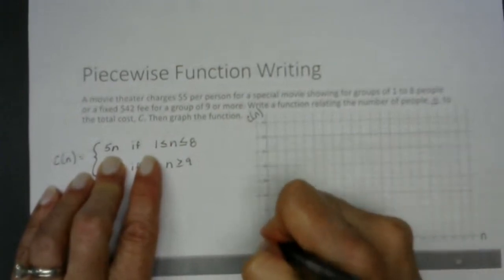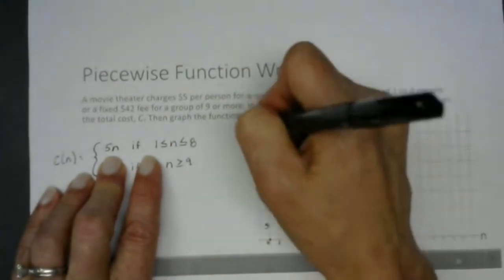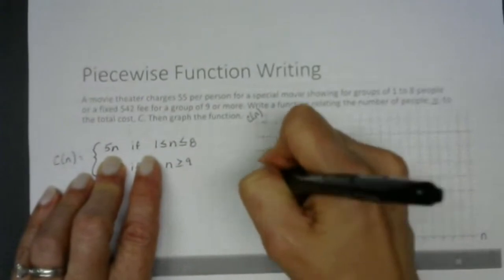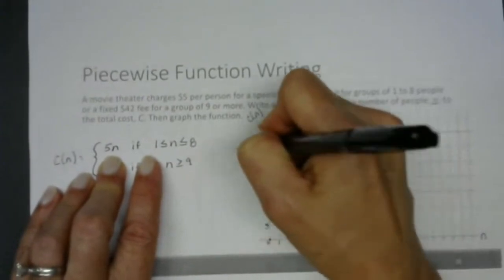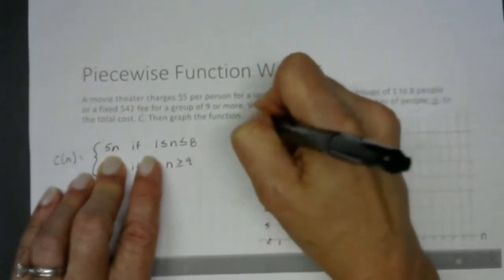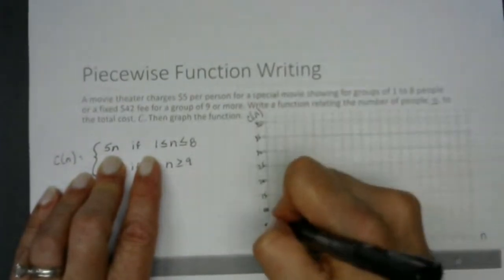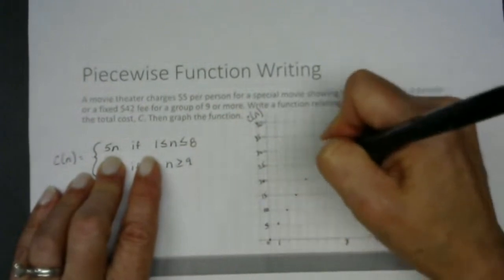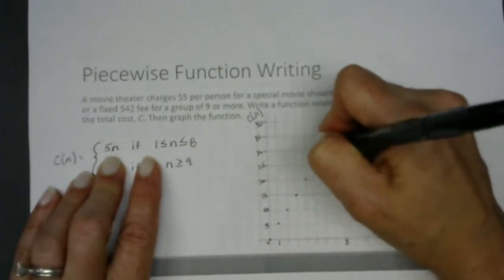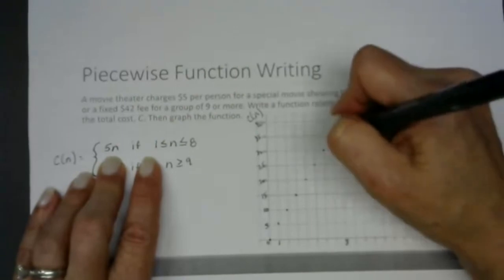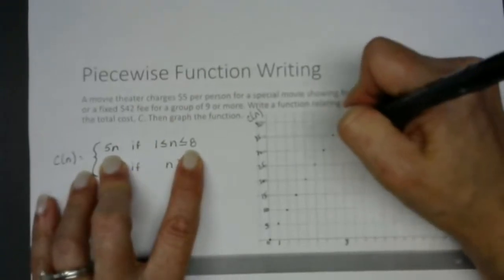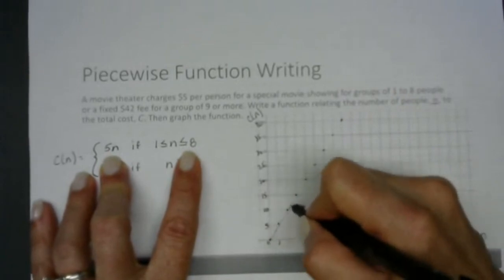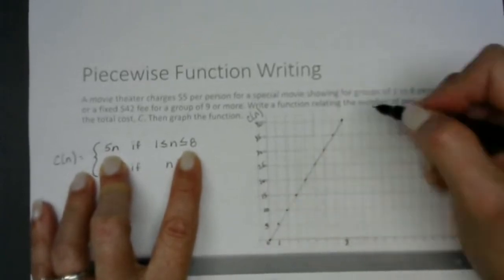The vertical grid here is in terms of 5, so that's 5, 10, 15, 20, 25, 30, 35, and 40. So 5 times 1 is 5, 5 times 2 is 10, and so on. Each time the number of people increased, the cost increased by $5, all the way up until 8 people are attending. Okay, so there's the first part of the graph.